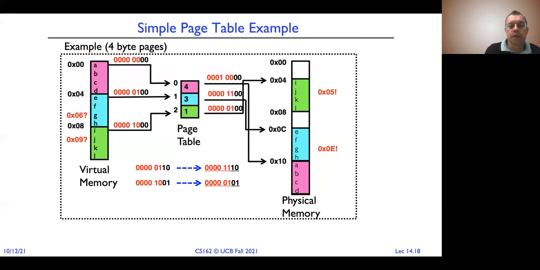Okay, so in this particular case, if you look at the first example here, the offset is 1 0, the black bits, and the page number are the red bits. So the offset is 2 in this case, and the page number is 1. And page number 1 selects the second entry in the page table, which is 3, so it's 1 1. And the offset remains 1 0. So now I have 1 1 1 0, which is basically E.